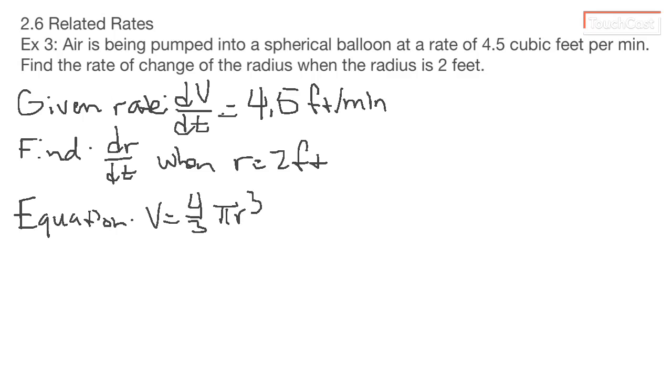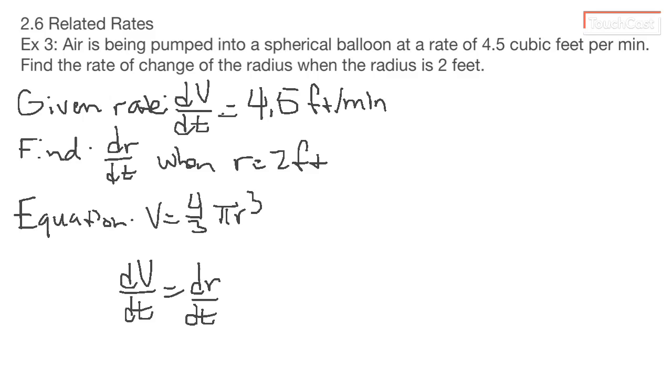So now we're going to implicitly differentiate this on both sides with respect to t. We're going to take the derivative of the volume, so we write dV/dt, which we've got. It's going to equal dr/dt, and then we take the derivative of 4/3 pi r cubed with respect to r.